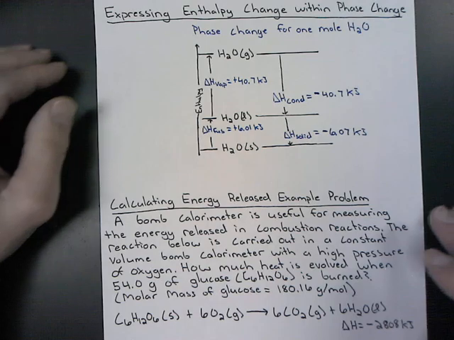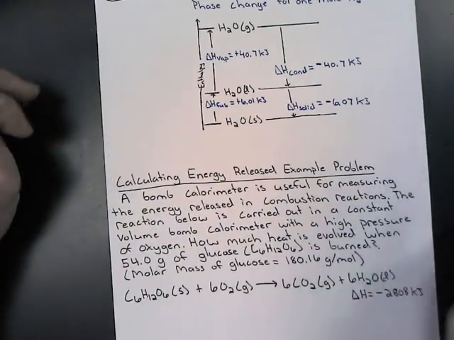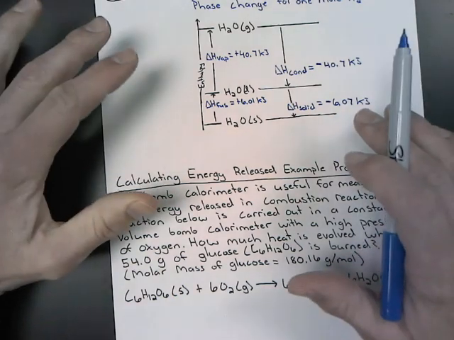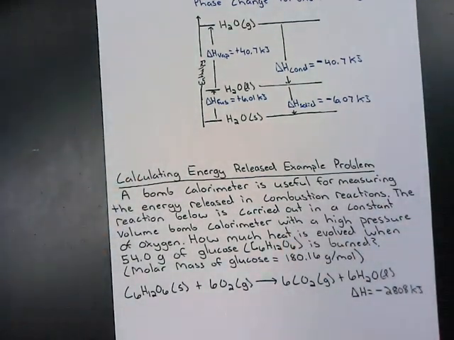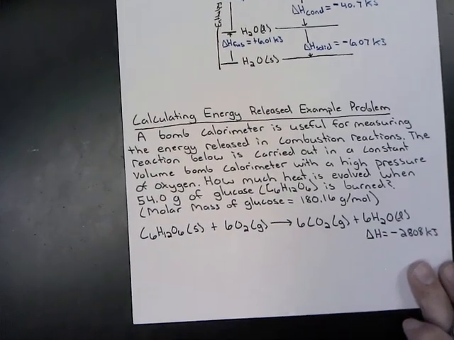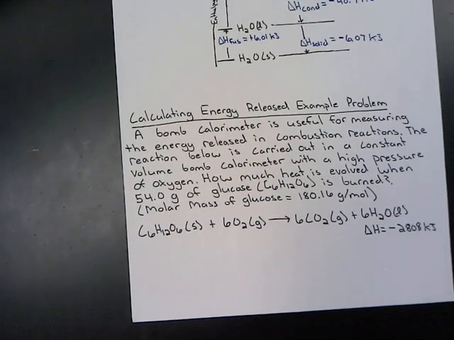So phase change we've talked about here. We talked about it right before first semester break. We can incorporate that into this business here of what we just talked about. Now, what we can also do is a problem. So you have this problem here as well, but what we have is a bomb calorimeter.